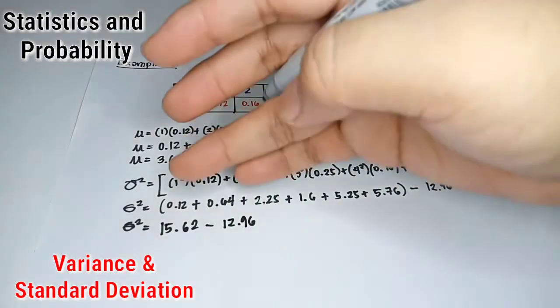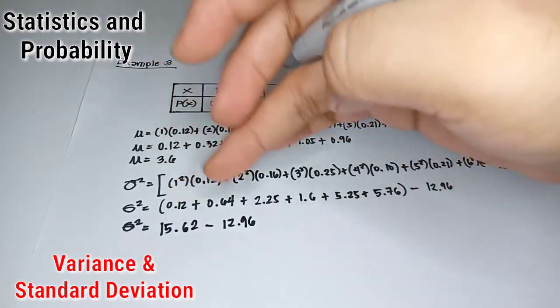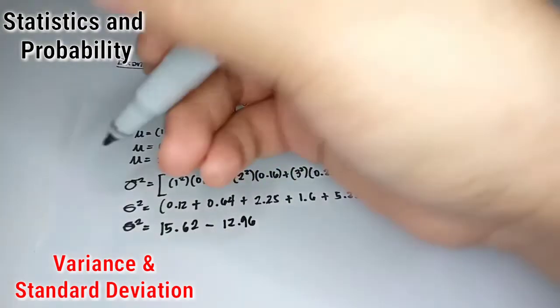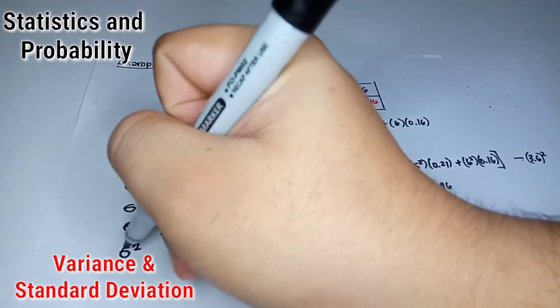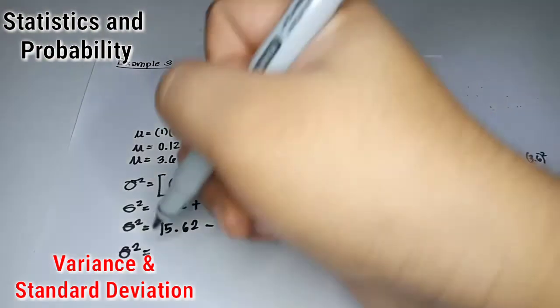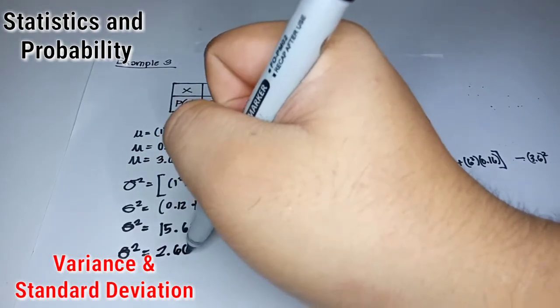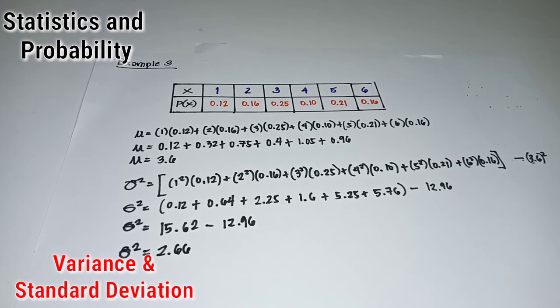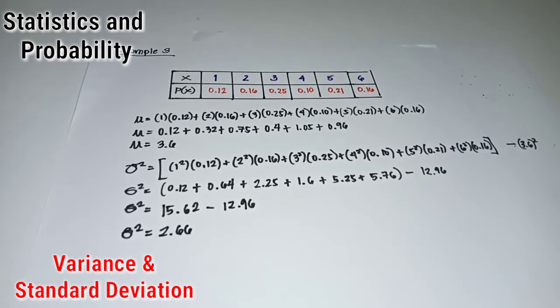Subtract 15.62 minus 12.96, we'll get a difference of 2.66. Okay, so 2.66 is our variance.